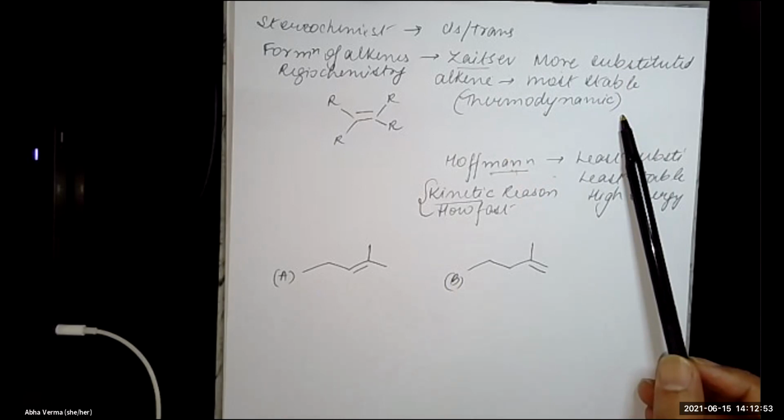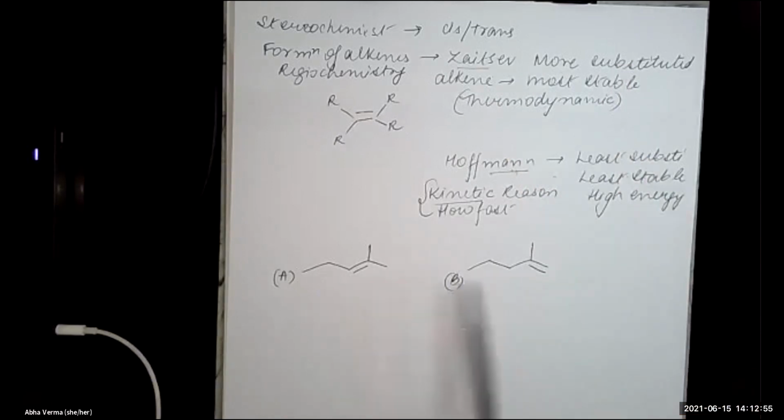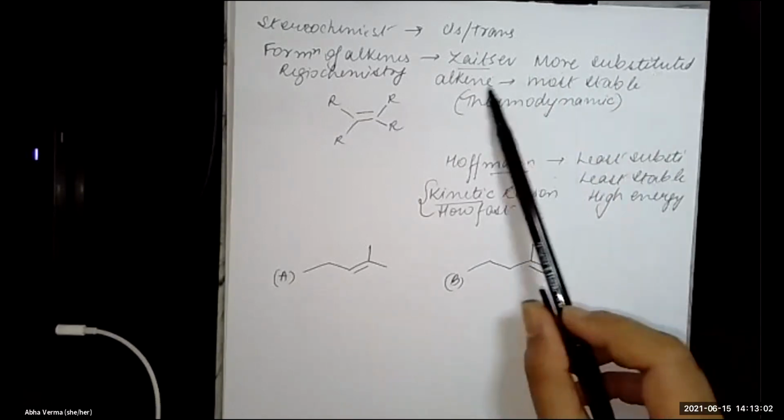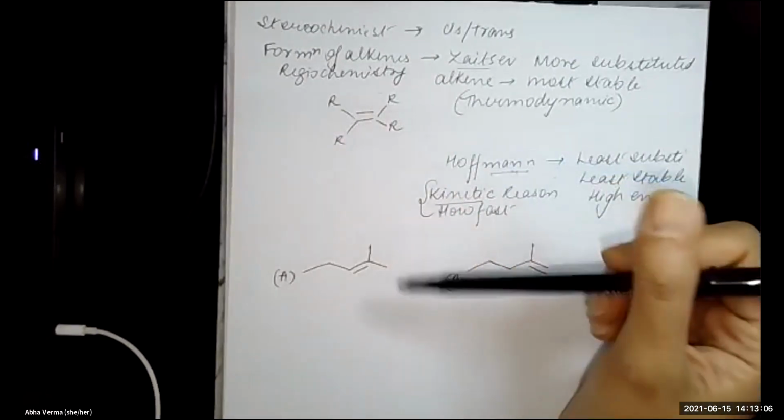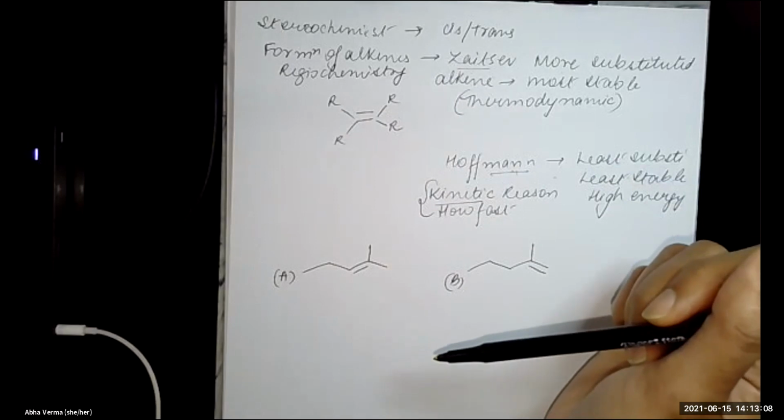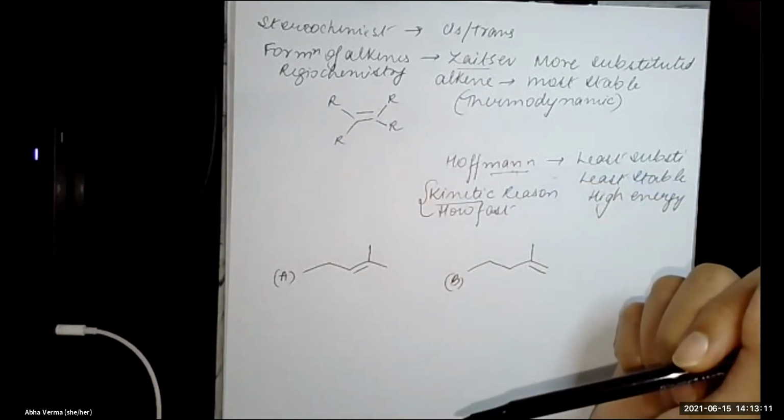I'm not sure. Okay, so if you look at both of these alkenes, which alkene appears to be more substituted? So remember, substitution is when hydrogens are missing. The more number of hydrogens are missing, the more substituted that alkene is.